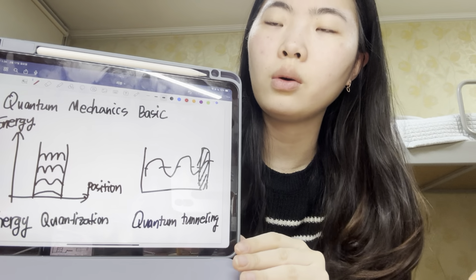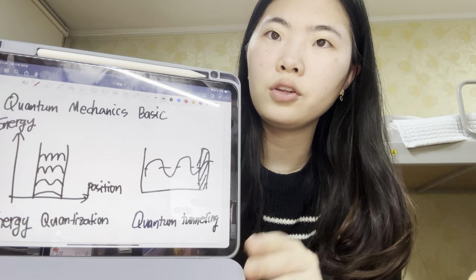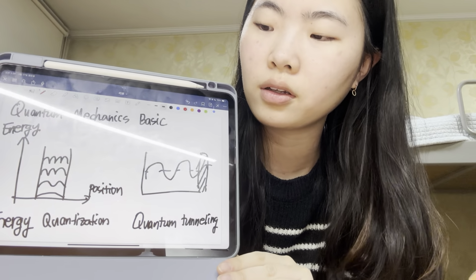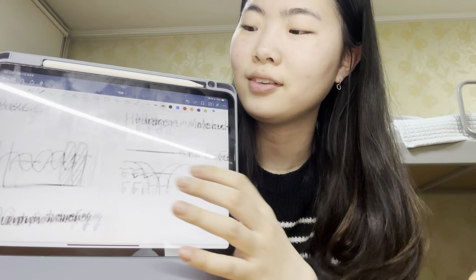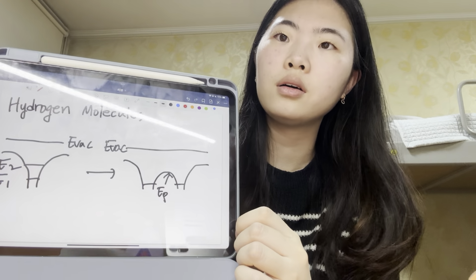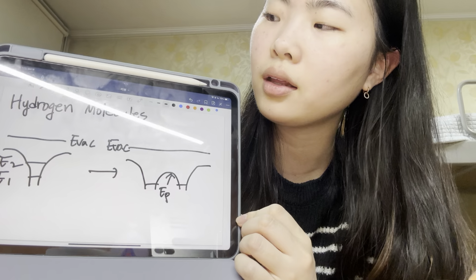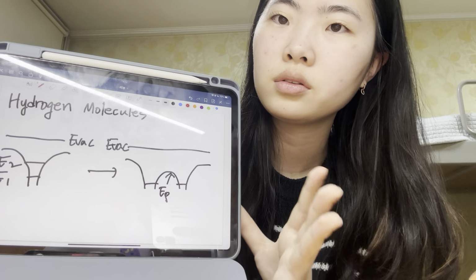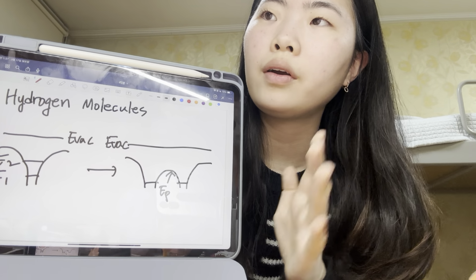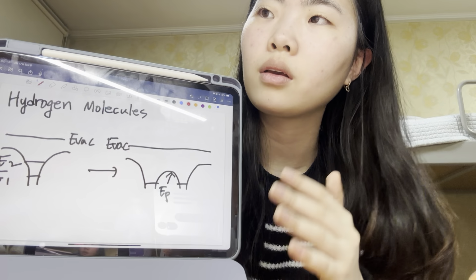We should know this concept, and we can also use it in device calculation. We can also talk about the hydrogen molecule. This is a very easy example of quantum mechanics.